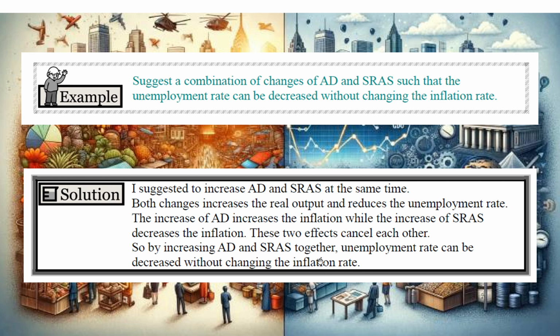Okay, so these two have opposite effects on the consumer price index, so they can cancel each other. But both things push the real output, increase the real output. So unemployment rates will be reduced while the change of inflation rates can be cancelled out. Okay, you got it. That's good. You learned it very well.